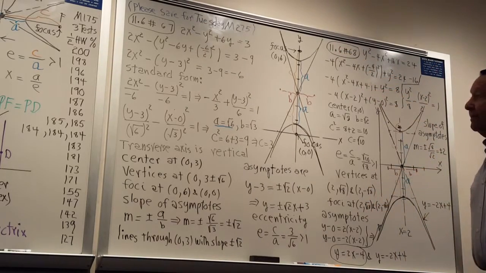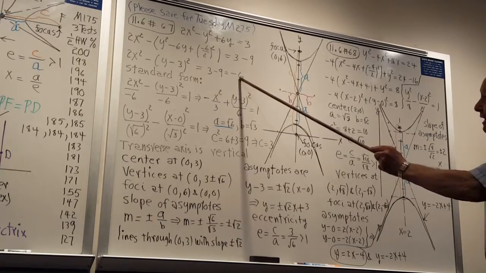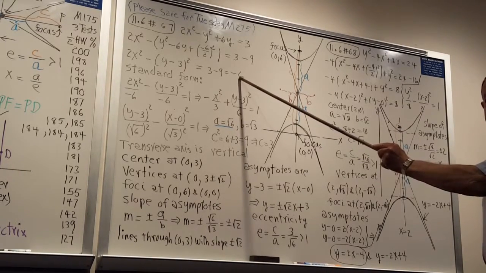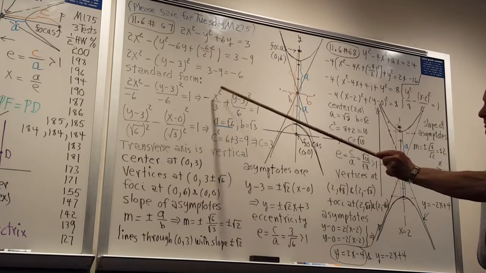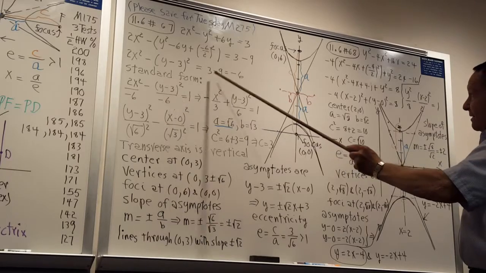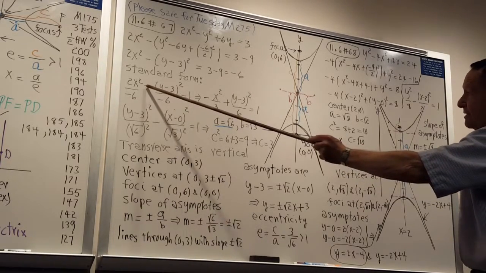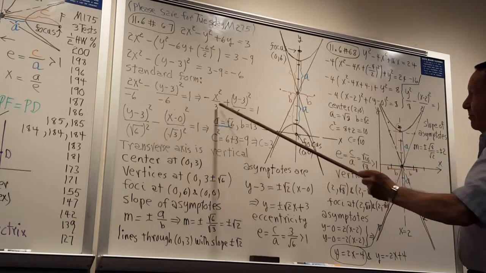And that's all right, because when you go to standard form, you divide by whatever this is, minus and all, if it's minus. So I divide by -6, and then I have a +1 over here. And now you see this will be the term with the plus.